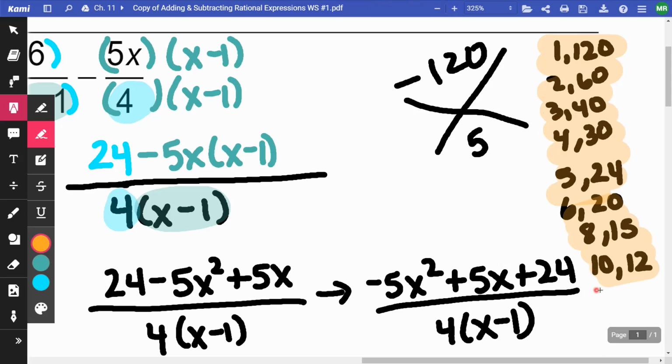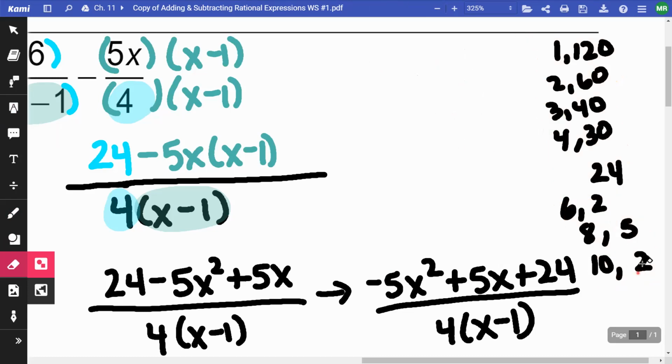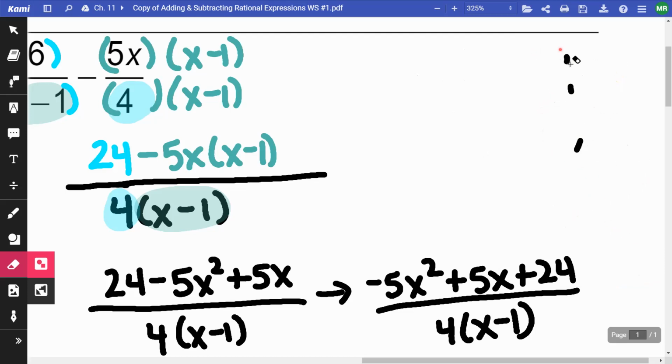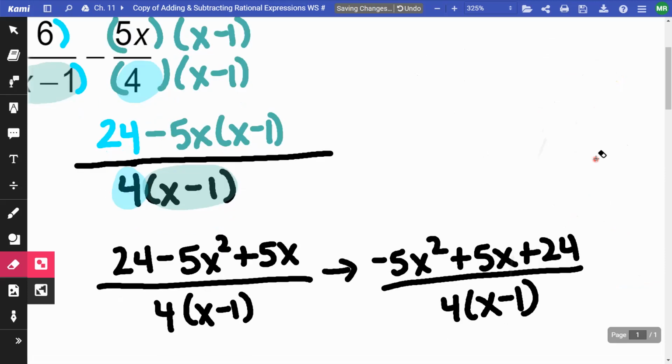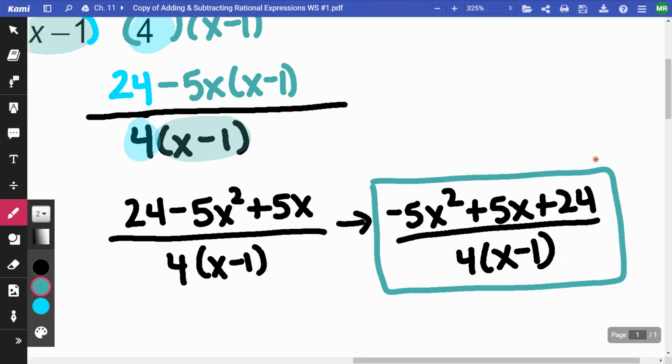And then my next one would be 12 and 10, so I've gone through the list. None of these are going to help me factor this, so this is not going to be factorable. That means my answer can stay as it is. So this is going to be my answer.